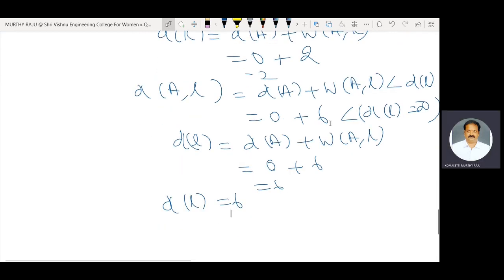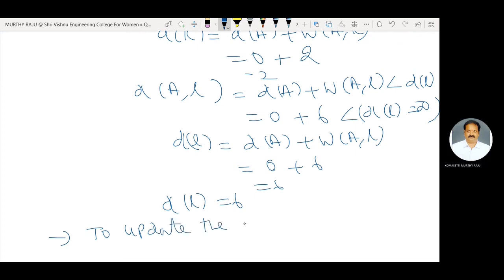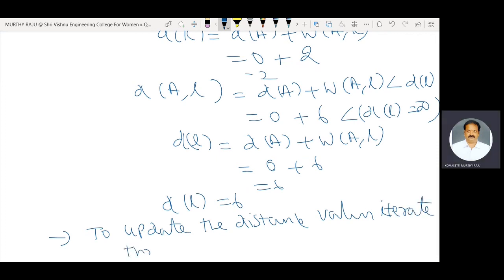To update the distance values, iterate through all adjacent nodes of the graph. So many nodes are there within the graph. We have to update the distance values of the remaining nodes within the graph by using an iterative procedure.